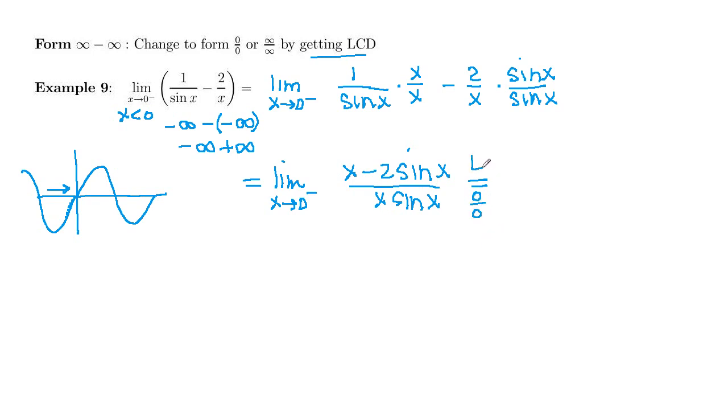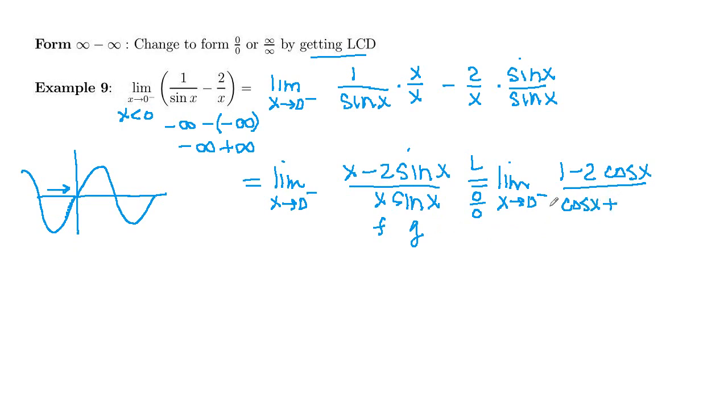So now we can use L'Hopital. So we'll differentiate top and bottom separately. So limit x goes to 0 from the minus side. Derivative of x is 1, minus 2 times the derivative of sine x, which is cosine x. And then in the denominator, we're going to have to do a product rule here. Got an f and a g. So f prime is 1.